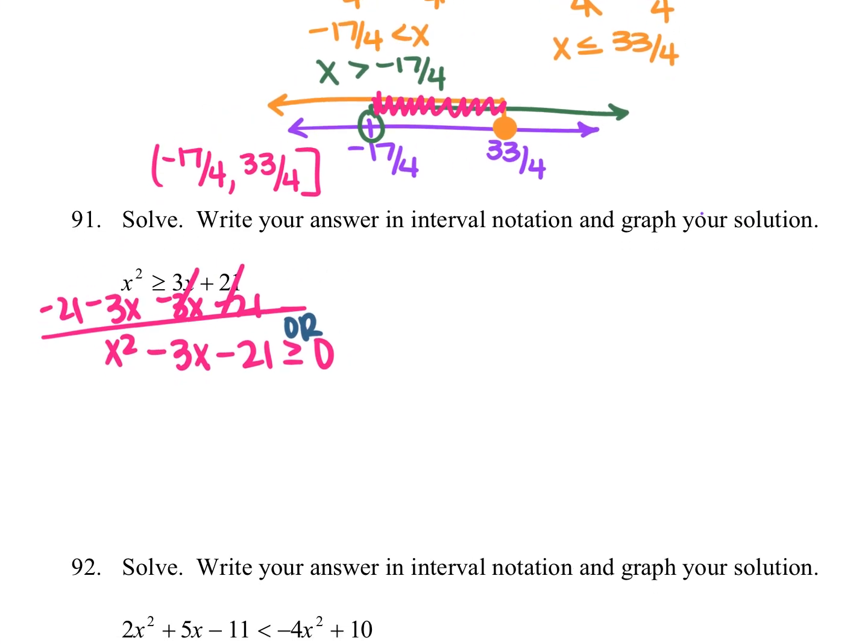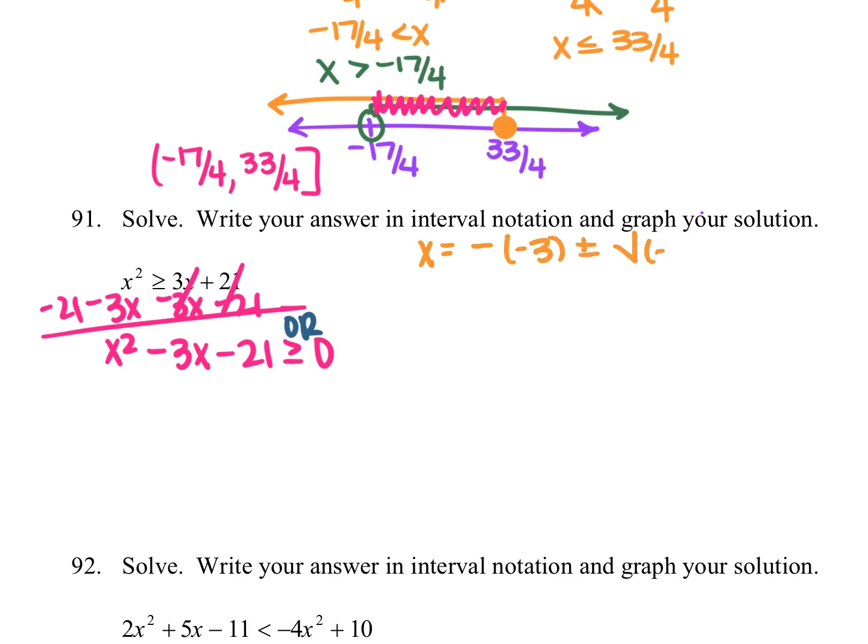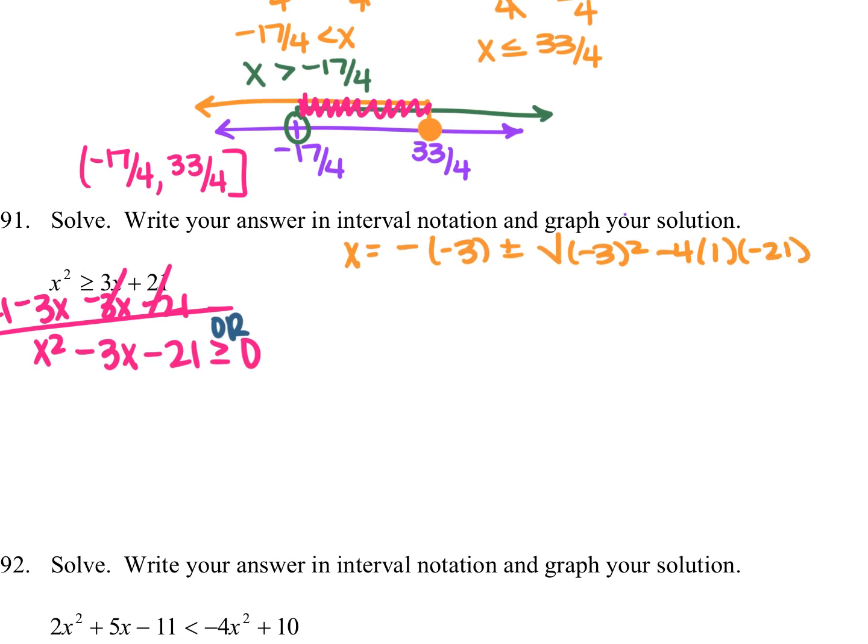So you're going to have x is equal to the opposite of -3 plus or minus the square root of -3 squared minus 4 times 1 times -21, all over 2 times 1.